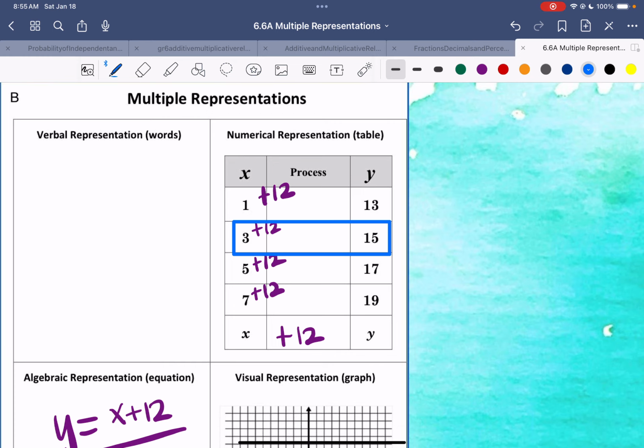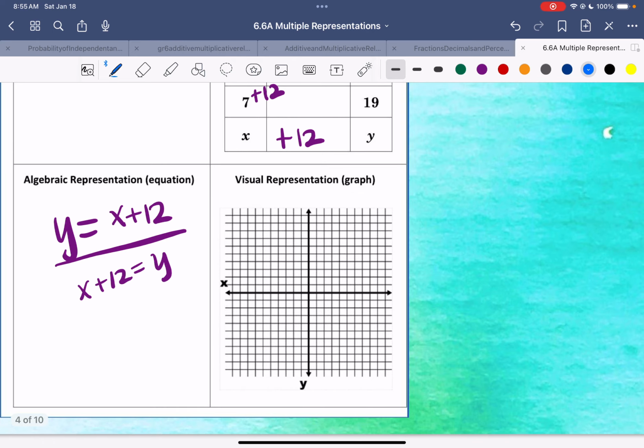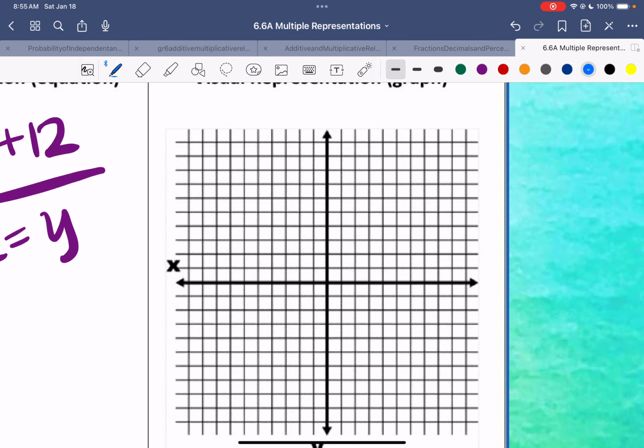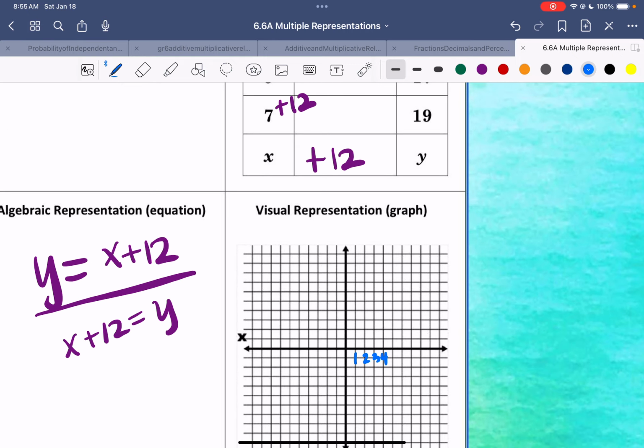And I chose that because I can make my intervals work out for me. So for the x, I'm going to do 1, 2, 3, 4. For the y values, I'm going to do it in increments of 5s. And then I'm going to stop there.